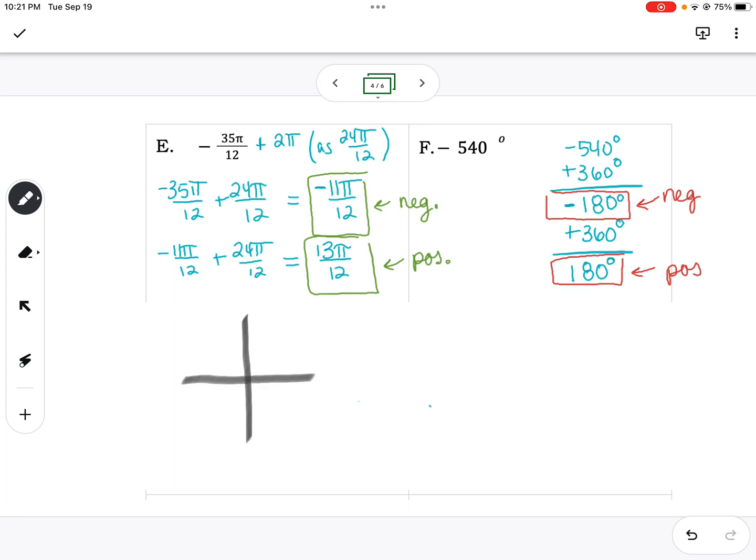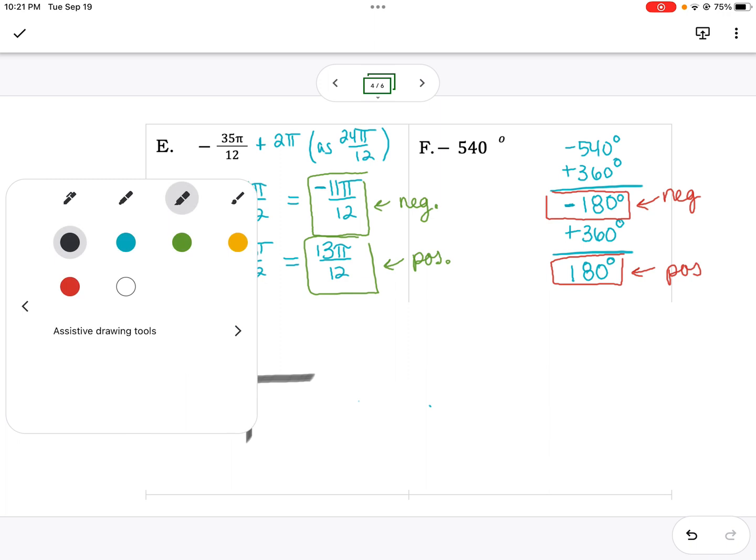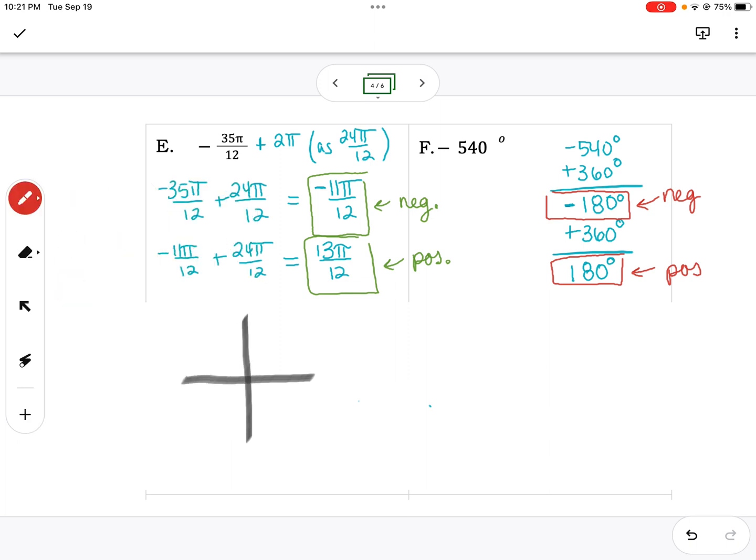So I'm trying to graph negative 35 pi over 12. When I added one rotation, I was still at negative 11 pi over 12. So I still need to go almost all the way around to here, okay?